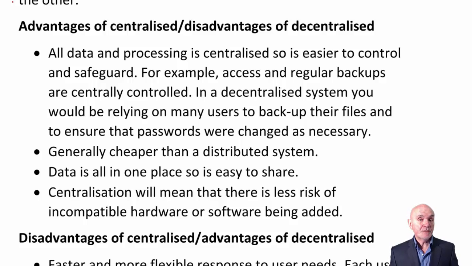It tends to be cheaper. One big computer tends to be cheaper than 12 little ones of the same processing power. It permits sharing because all the data is in one place. And also there is less risk of people buying software to run for themselves on their computer which is incompatible with someone else's.